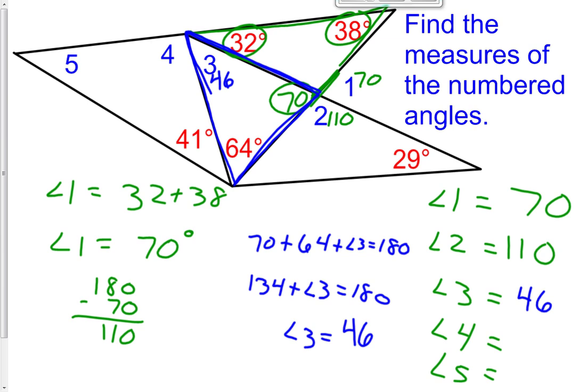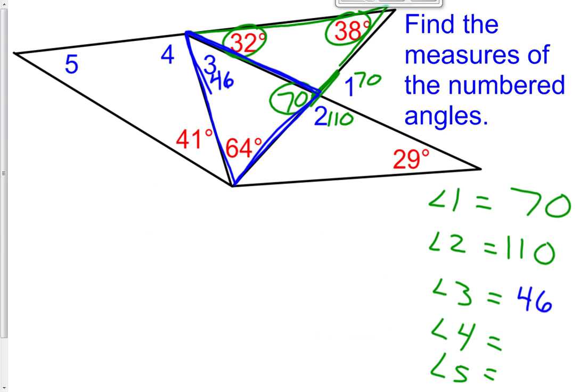Angle 4 and angle 5, again, class, there are several different ways that you can do this. I'm not sure which way is most comfortable for you, but I see two different ways to find the measure of angle 4. Angle 4 is the exterior angle. If I could draw this triangle right here. See that red triangle that I just drew?